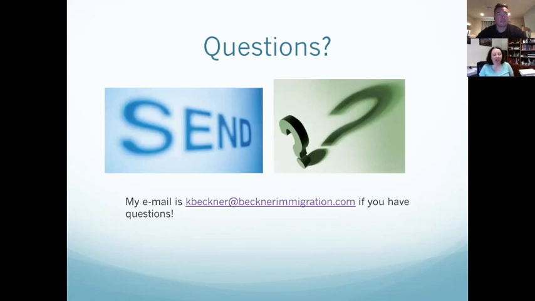There's no reason to recreate the wheel if someone has already worked on a similar issue. Hopefully at some point you'll have your own templates created, and you can use previous briefing you've done and apply it to your client's case.